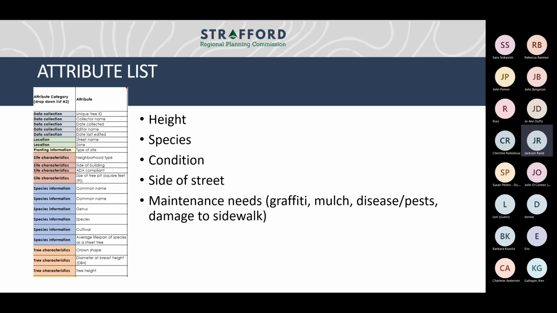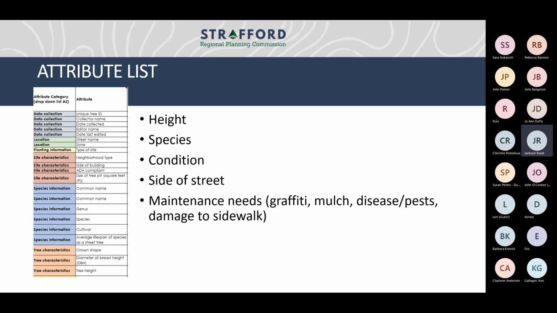Knowing the side of the street that the trees were located on tells us how much or how little sunlight that tree can expect to get during the day, which in turn affects the type of species that the city may want to plant in that location, or specific maintenance needs that tree is going to get based on the amount of sunlight that it receives.